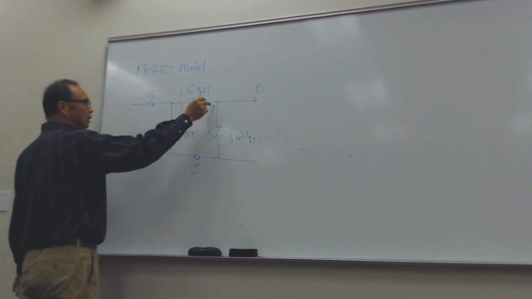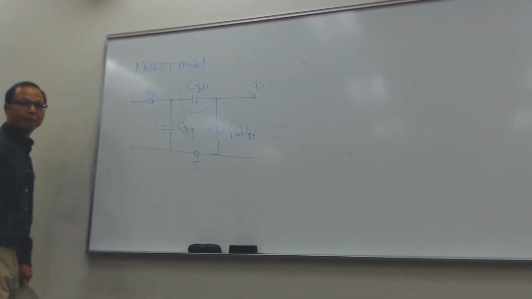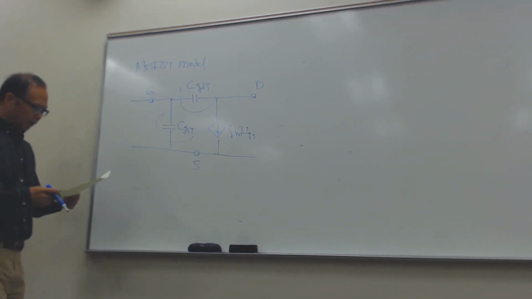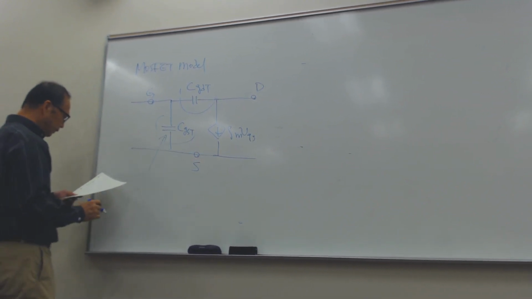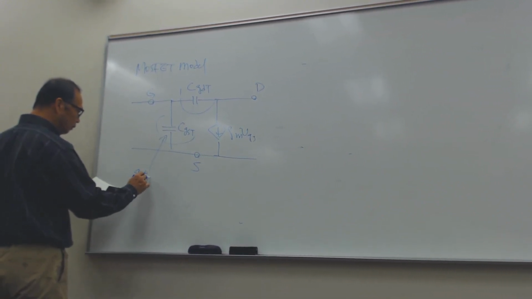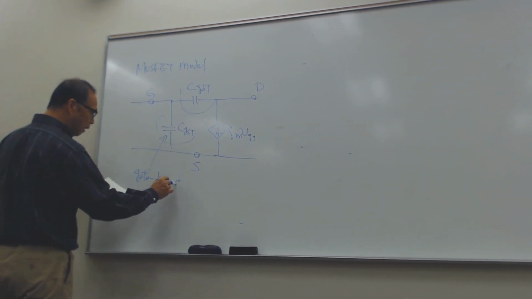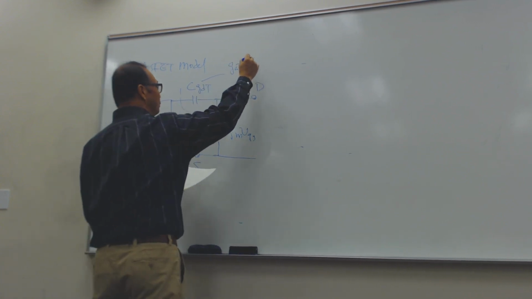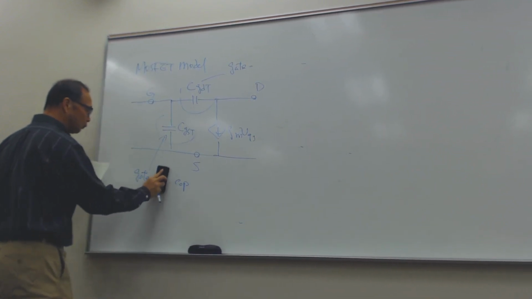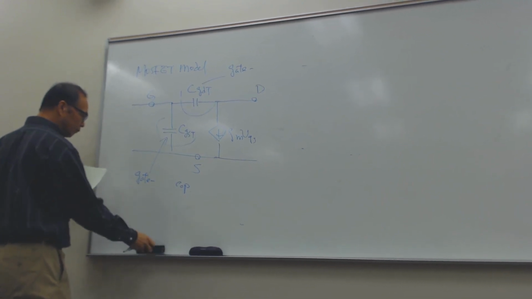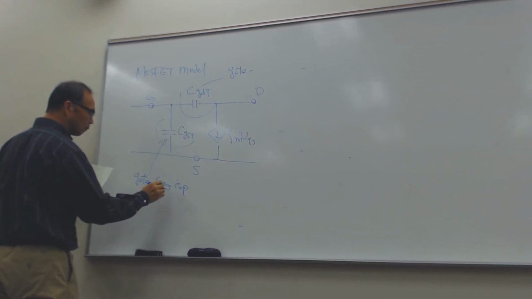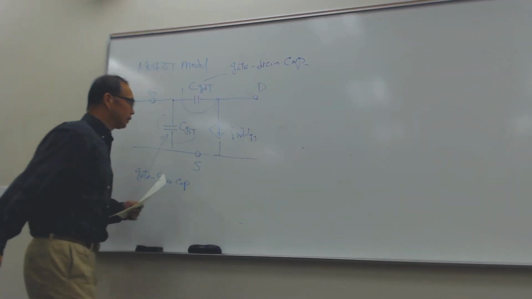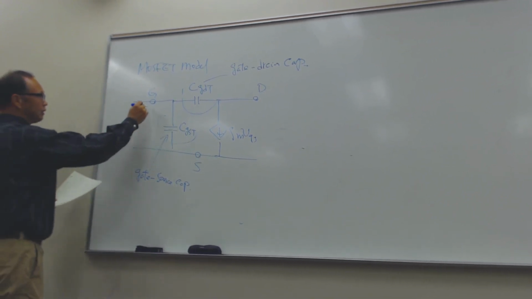So in the past, these two were neglected. This is called the gate to drain capacitance, C_GD. This is the gate to source capacitance, C_GS. And this is V_GS.